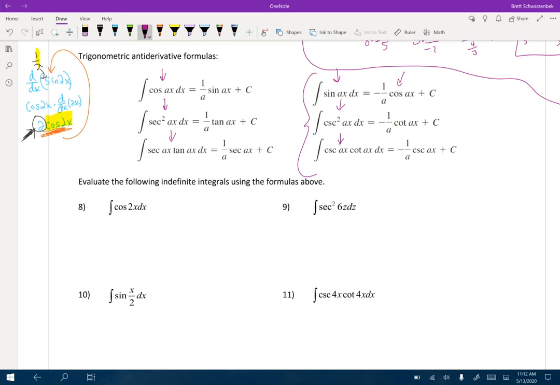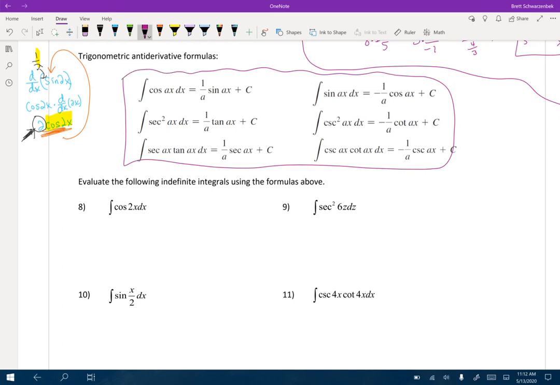So how do we make up for that? Well, in the antiderivative of the ones on the right, there's going to be a negative sign on them. Again, these are formulas that you're going to need to know, and your knowledge of derivatives is going to help you with that because it's just going backwards.